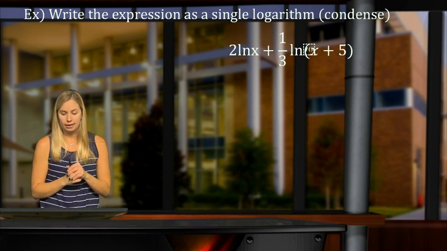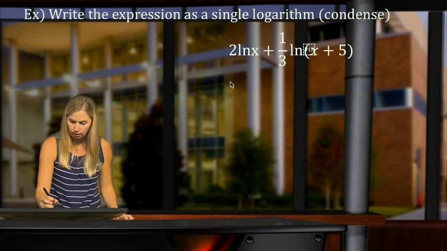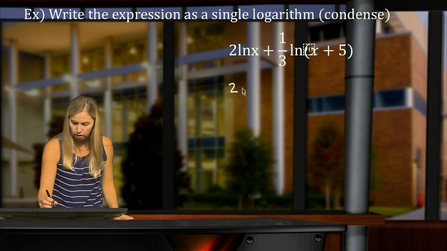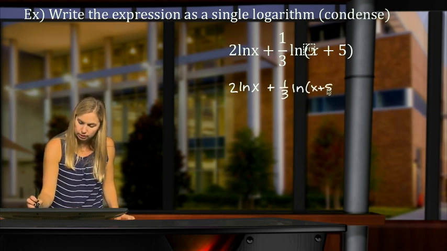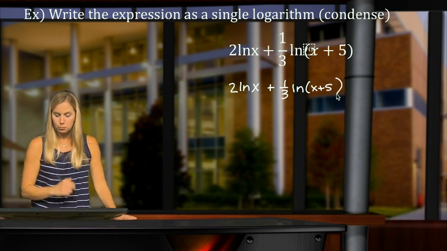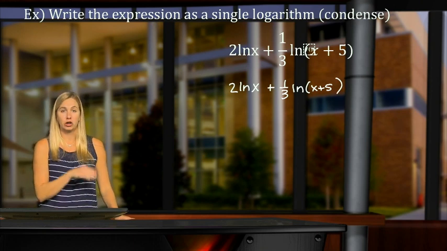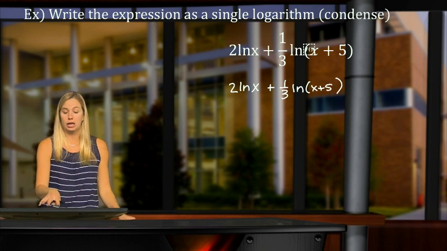Two natural log of x plus 1/3 natural log of x plus 5. And we have that same little icon here, so I'm going to rewrite this. Plus 1/3 natural log of x plus 5. If we look at the order, the first thing we want to get rid of or undo is our coefficients.